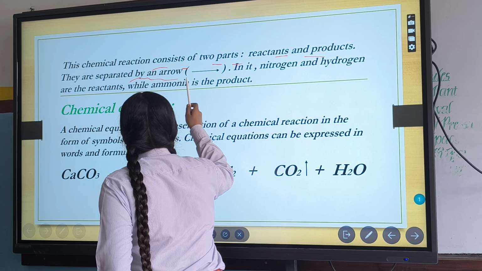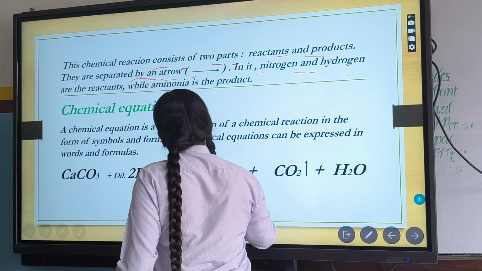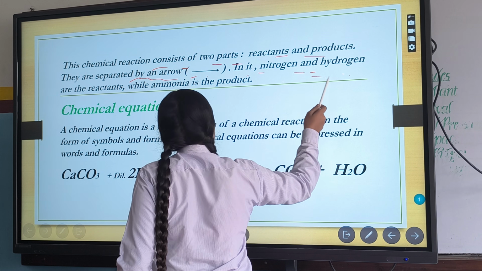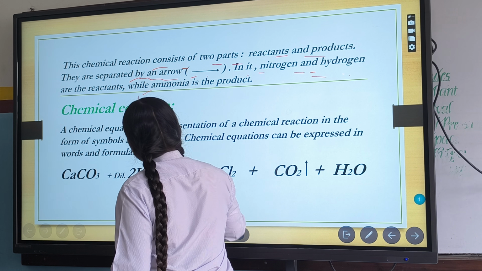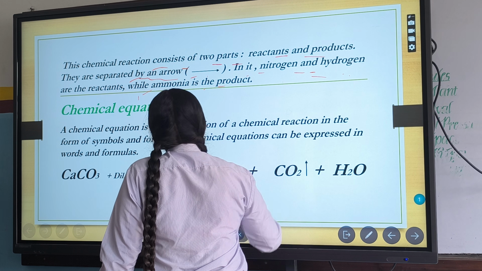They are separated by an arrow. In it, nitrogen and hydrogen are the reactants, while ammonia is the product.